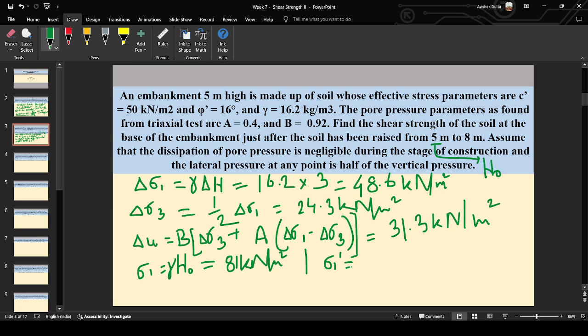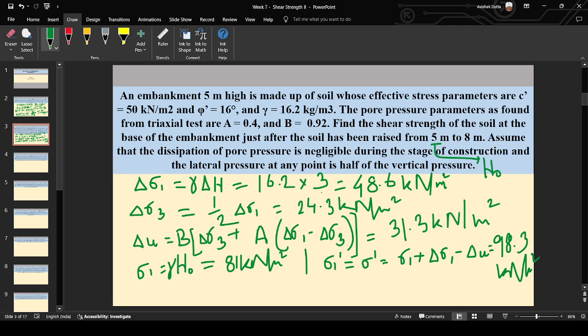Sigma 1 dash, also called sigma dash, is equal to sigma 1 plus change in the normal stress del sigma 1 minus del U, that is the pore pressure. So 81 plus 48.6 minus 31.3, we get approximately 98.3 kilonewton per meter square.